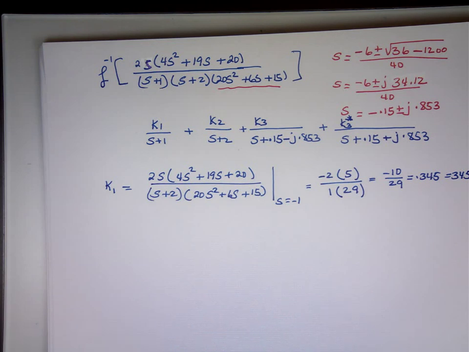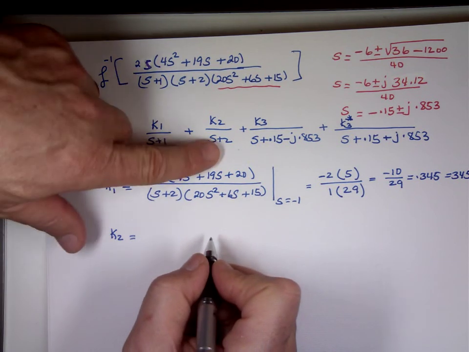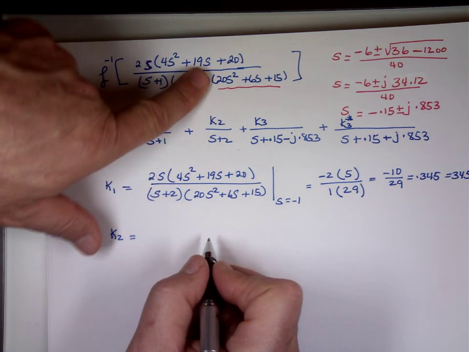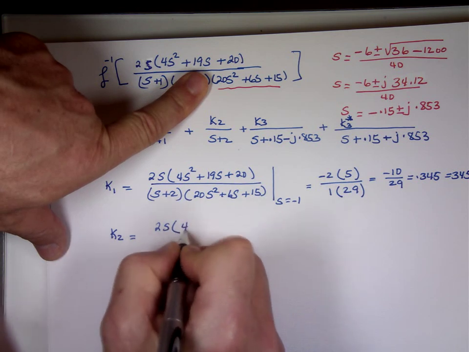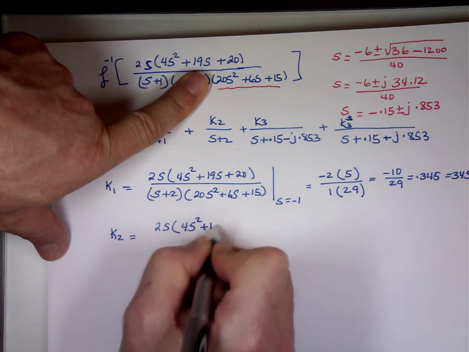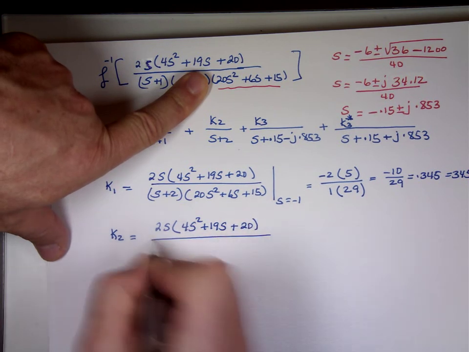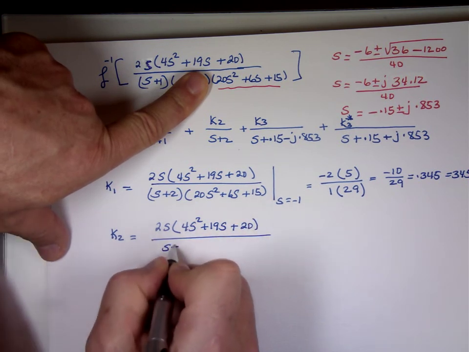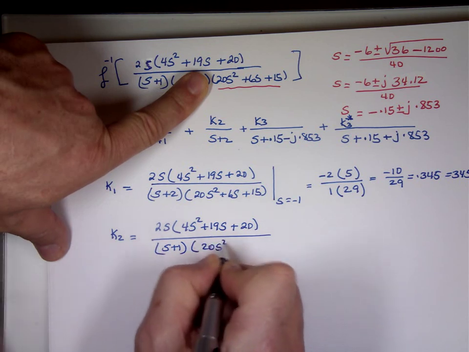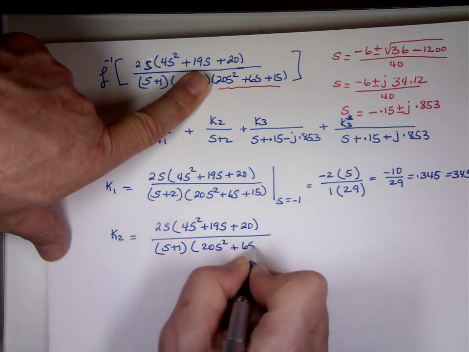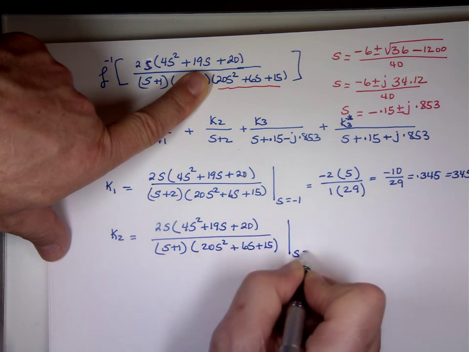K2. Sitting on top of s plus 2, s plus 2 is gone now. So s plus 1 in the bottom, 20s squared plus 6s plus 15. s equals -2.